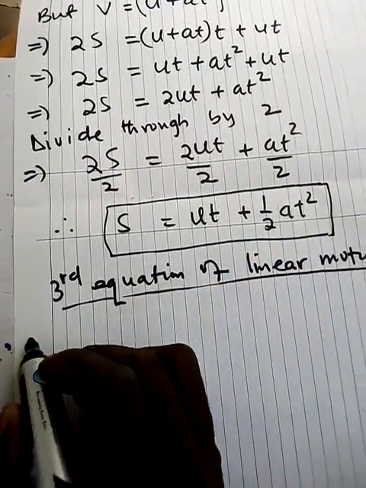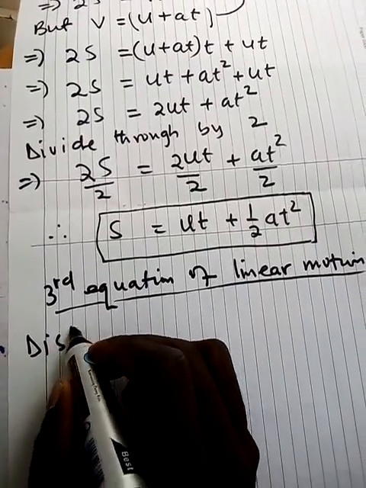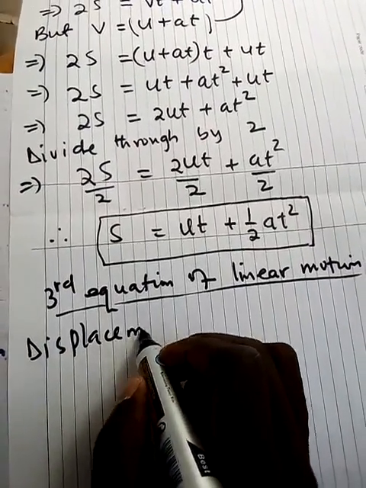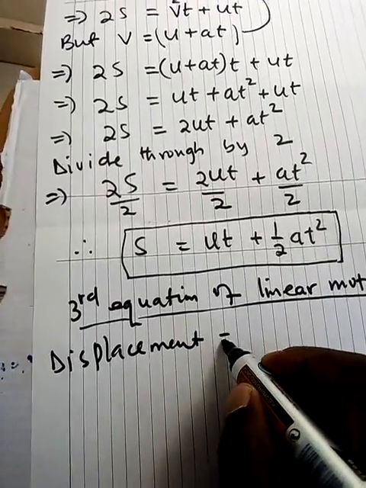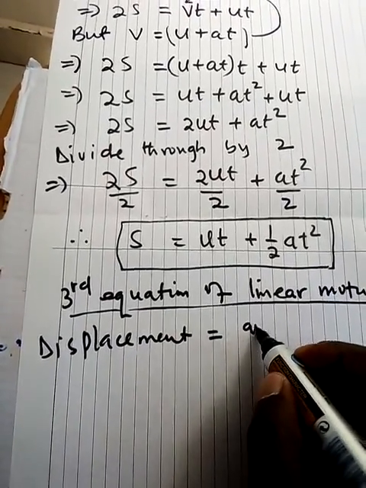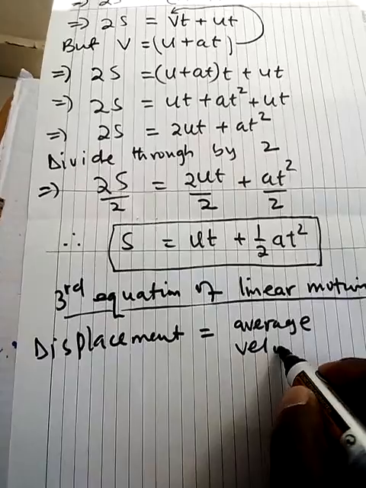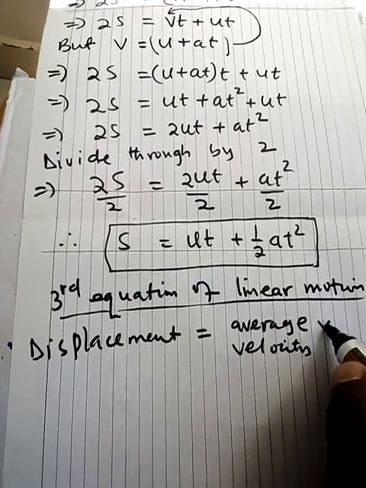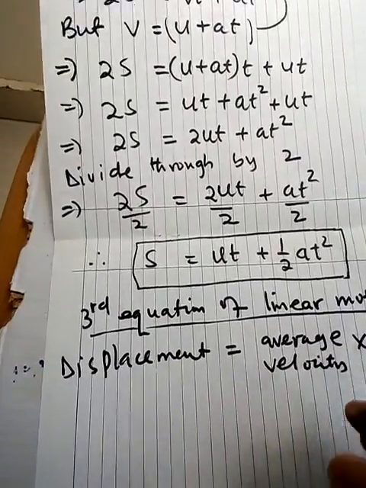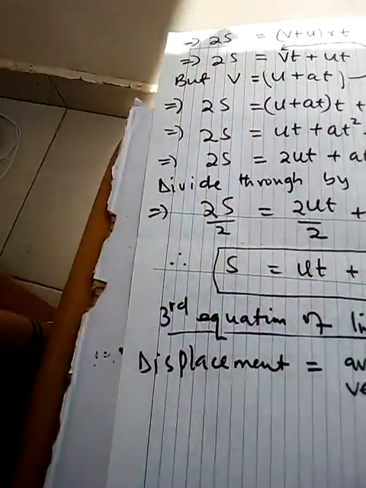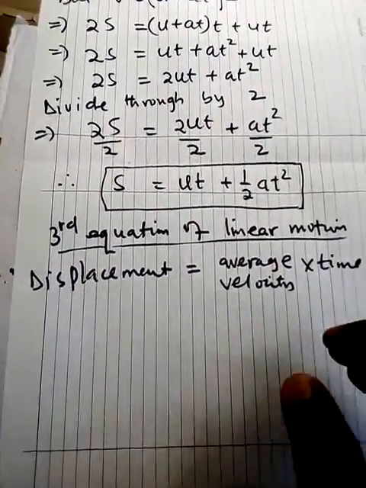So we shall still say that displacement is equal to average velocity times time taken to cover that displacement.